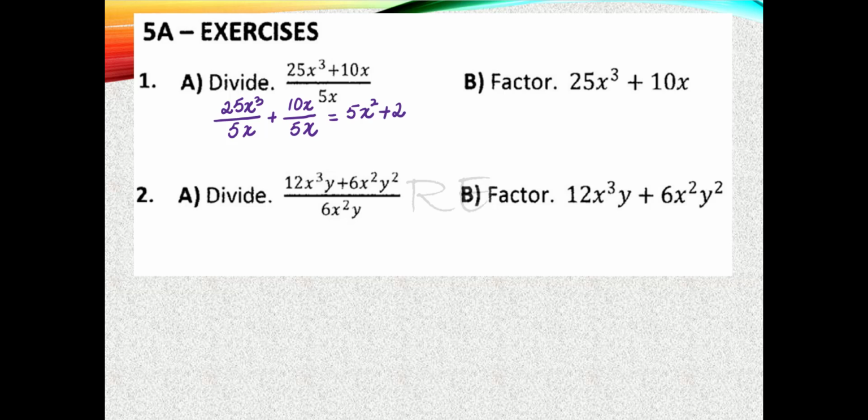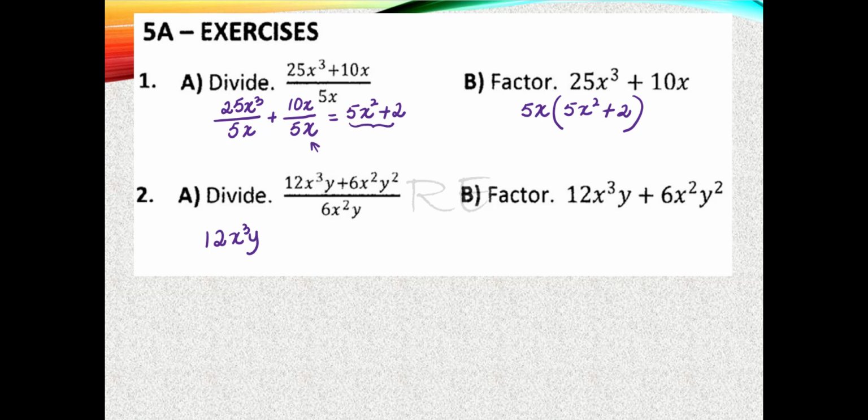So the answer is 5x squared plus 2. Now, when we have to factor 25x cubed plus 10x, we just multiply the divisor by the quotient. 5x times 5x squared plus 2.